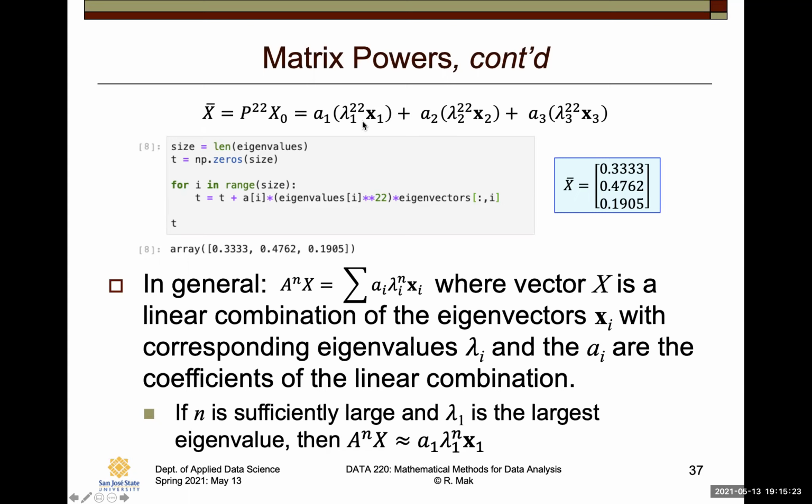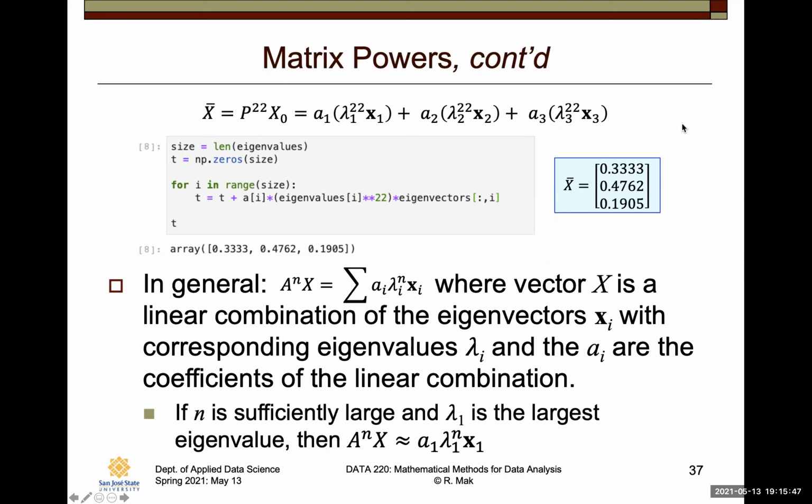So if the largest eigenvalue happens to be in the first term, and n is large, that means an approximation of this entire expression is just the first term, because it's going to dominate the rest of the terms.